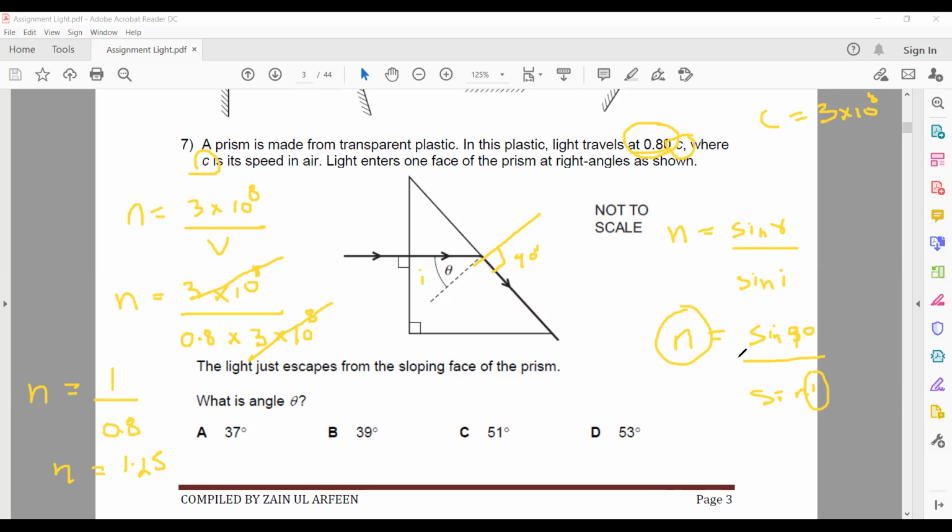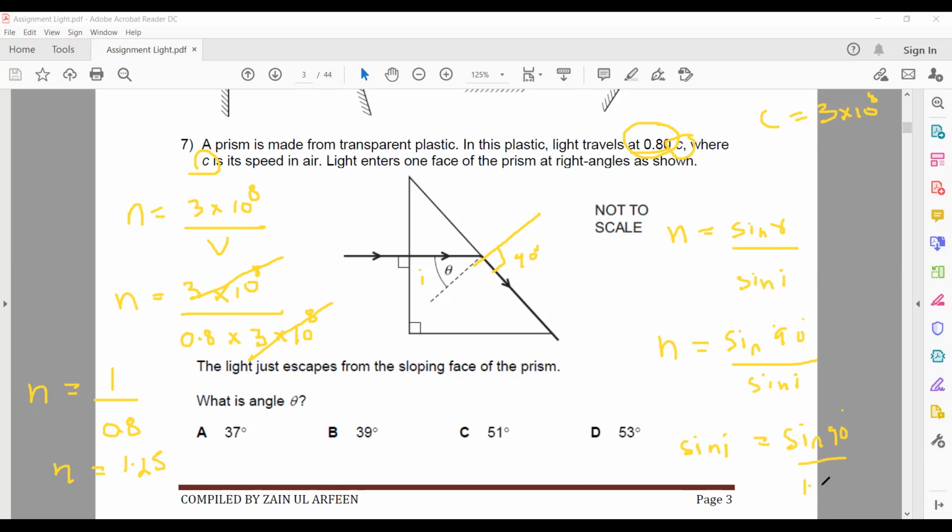Then you need an angle. So how to find the angle? Refractive index is equal to sine 90 divided by sine i. Or I can say sine i is equal to sine 90 divided by the refractive index, which is 1.25.